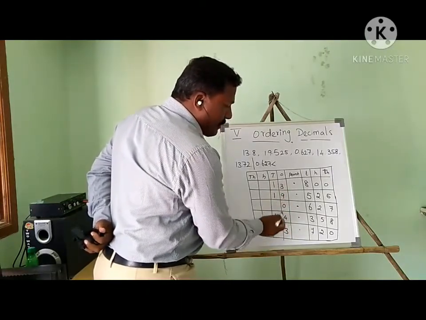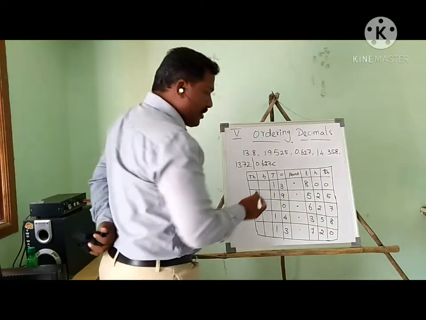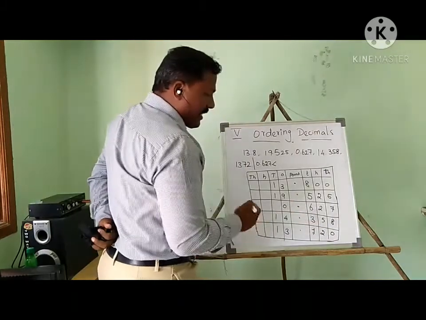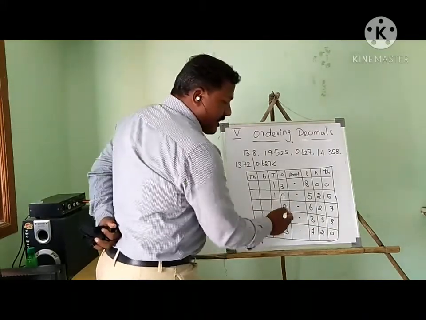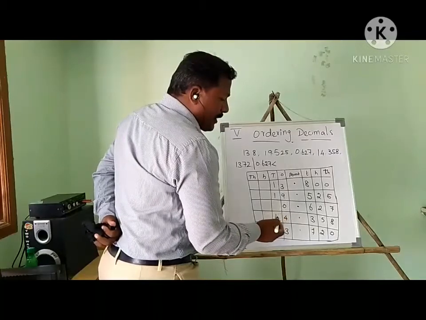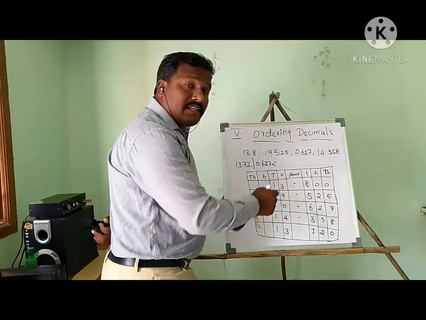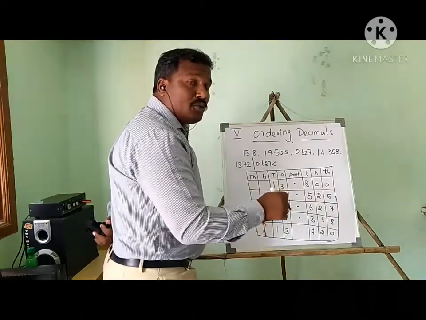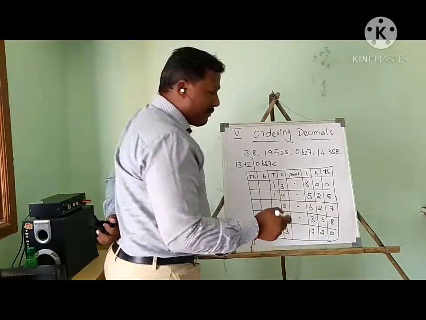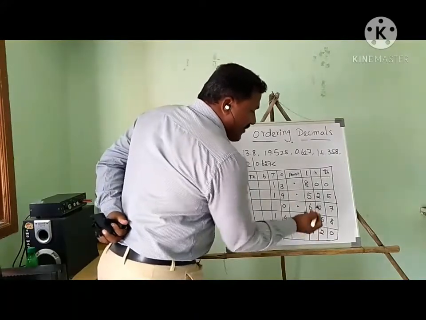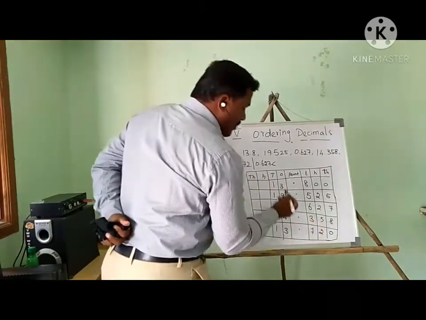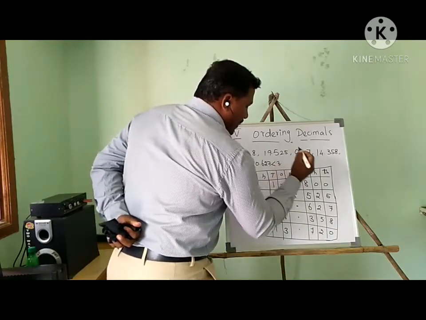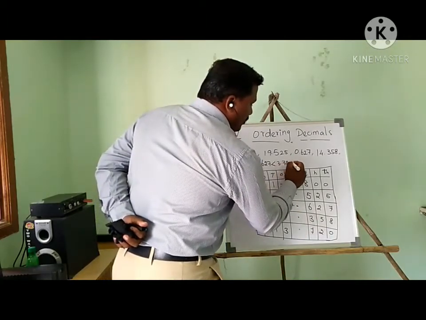In all of these, 0 is the smallest, so I take 0.627 first. Then the next bigger number, 3.720.